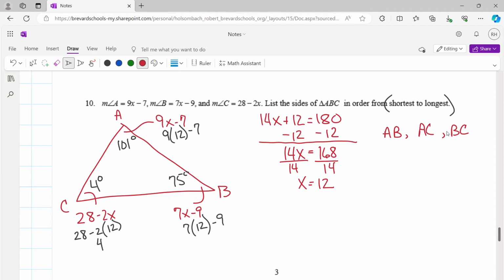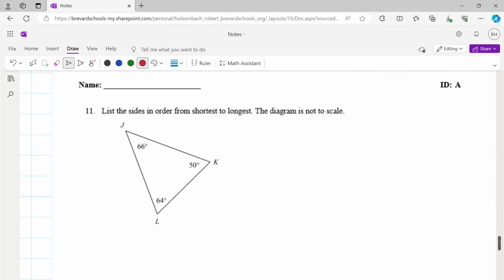All right, and last but not least, we got number 11. List the sides in order from shortest to longest. Shortest side is opposite the smallest angle. So our shortest side is JL.